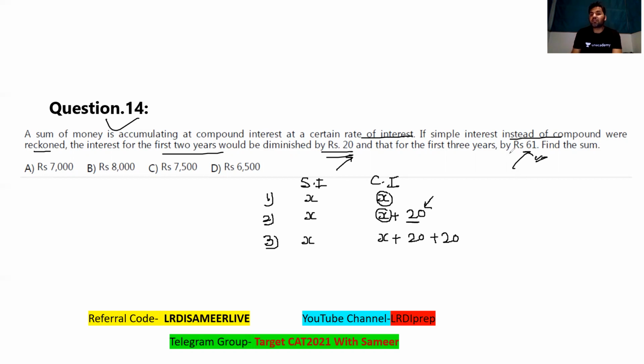Now, the difference between 3 years of SI and CI would be 60 rupees. But if the difference is 61, that means an extra 1 rupee has been earned on an interest of 20. This 1 rupee is interest on the previous year's extra interest of the second year. So 1 rupee on 20 tells you that you are earning a 5% rate of interest. That means the rate of interest in this question is 5%.